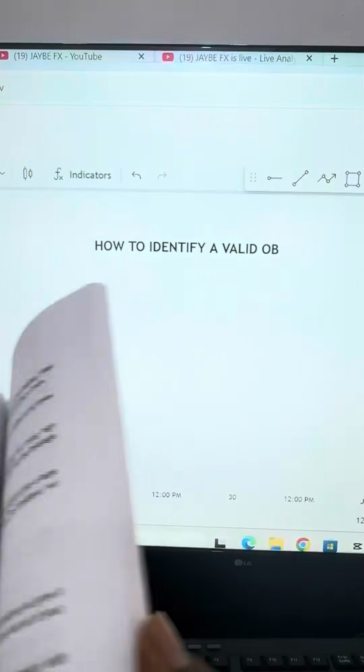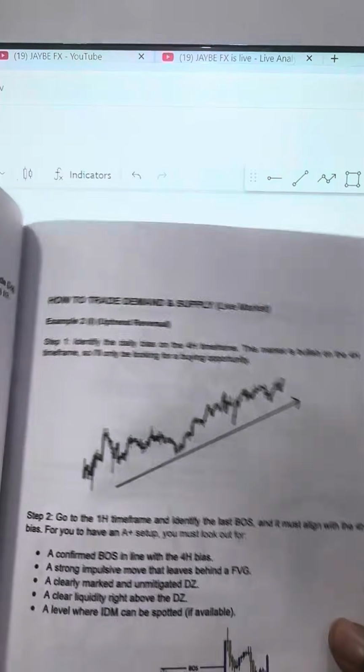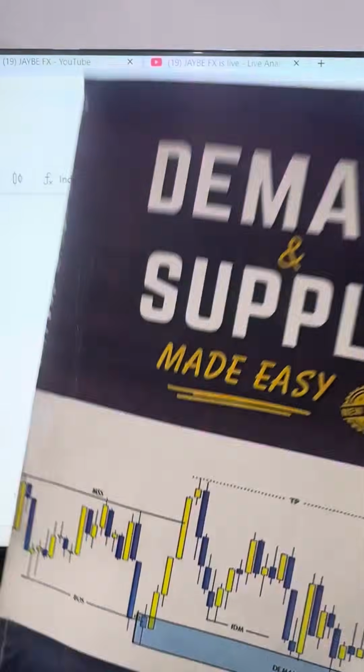If you are a beginner, you want to learn exactly how to get started, these are my entry confirmations, as well as the step by step on how to take a trade. Step 1, step 2, step 3, step 4, like that. And if you follow this process, trust me, you're going to get it.